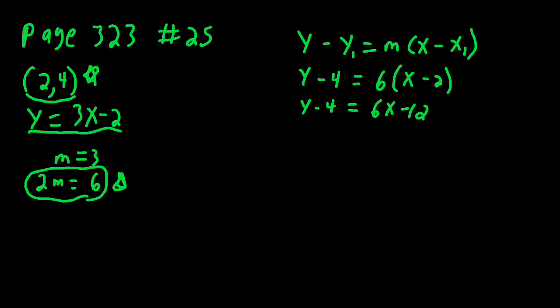If you check the answers, y = 6x - 8. This is an equation of a line that passes through this point and has twice that slope.